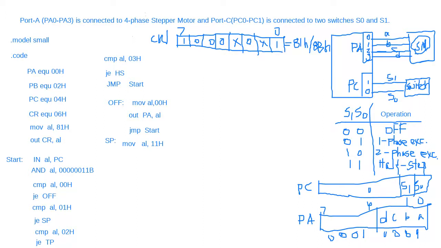I mean, within 4 steps, it completes one full revolution. So MOV CX, 4, and then OUT port A, AL, then ROL AL, 1, and then LOOP.